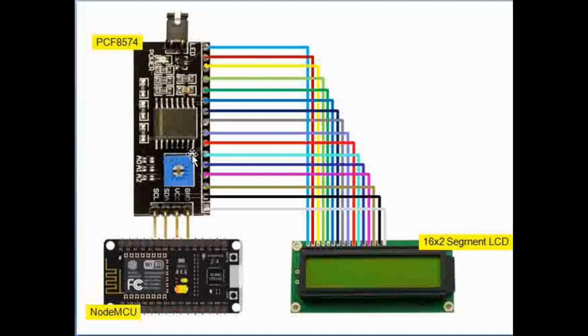It's as simple as that. Then if you see the color combinations, you can use the same one-on-one connections which we have shown here. Take a snapshot of this and you can connect them directly from PCF8574 to the 16x2 segment LCD.